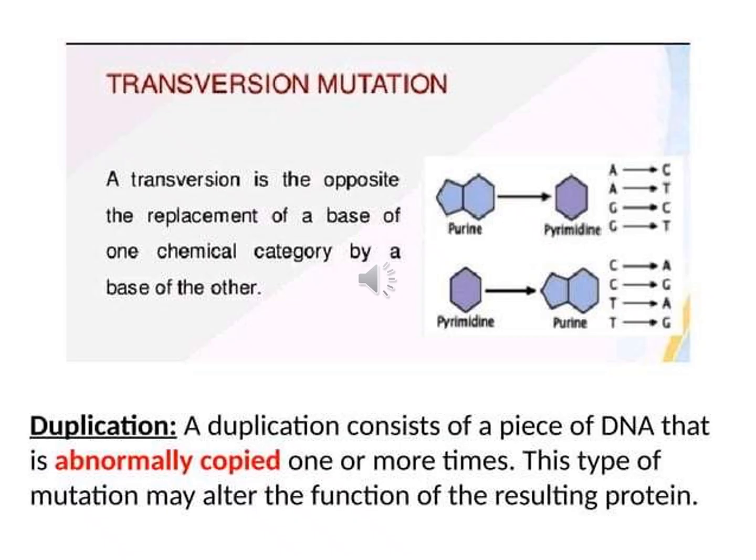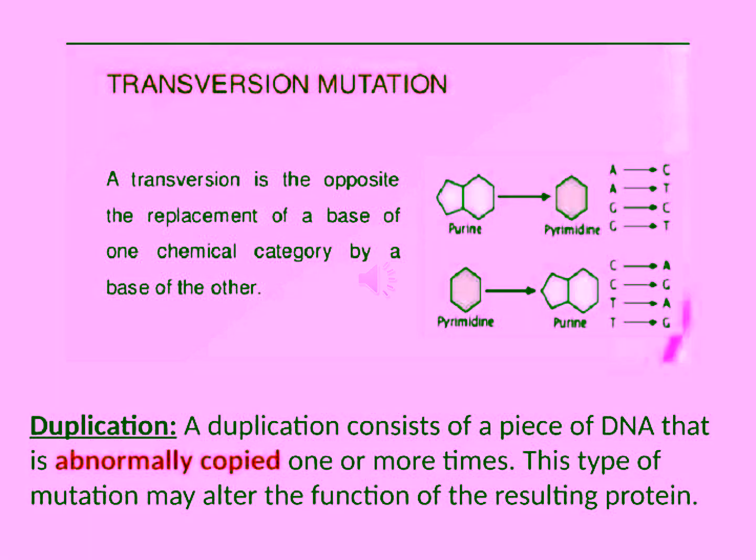DNA bases are classified into purines and pyrimidines: purines are adenine and guanine, and pyrimidines are cytosine and thymine. In a transversion, adenine is replaced by thymine, adenine by cytosine, guanine by thymine, and guanine by cytosine. This contrasts with transition mutations, where the substitution occurs within the same class.